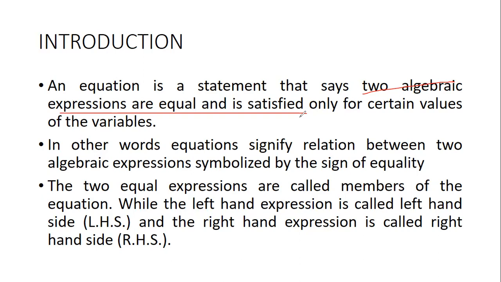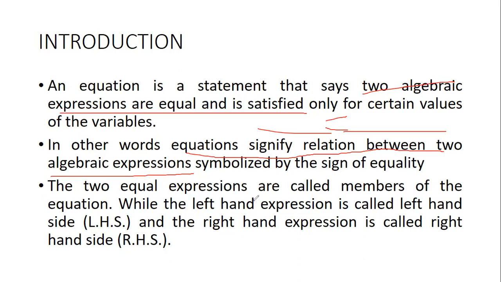We have to find out which certain value is suitable for the equation. That is known as an equation. In other words, there is also another definition: equations signify a relation between two algebraic expressions, symbolized by the equal to sign. Between two expressions, you have the equal to sign. That is known as an equation.